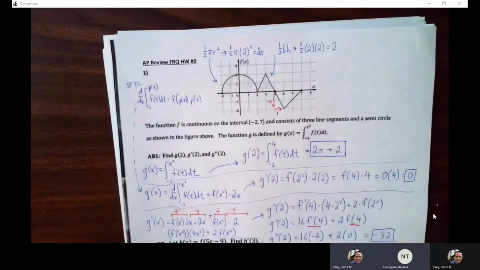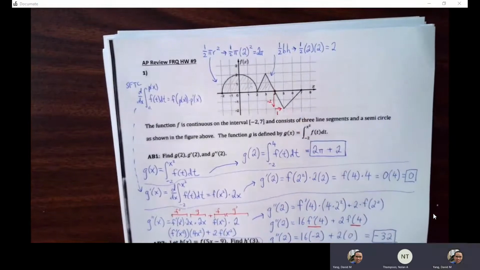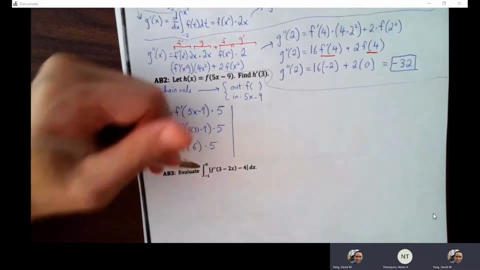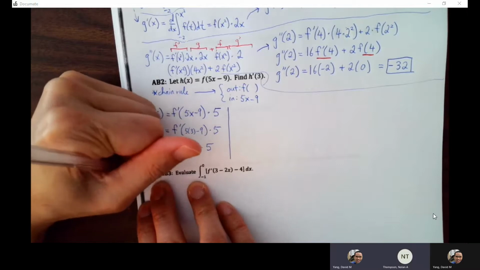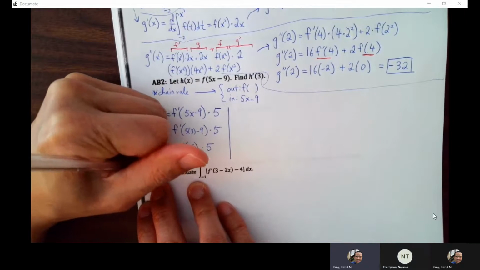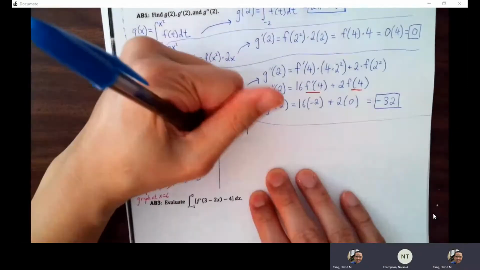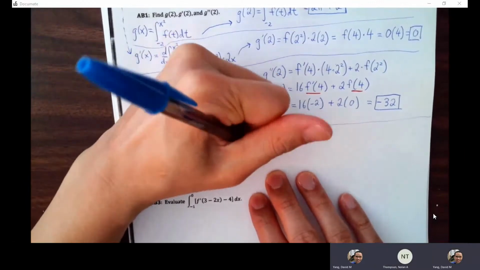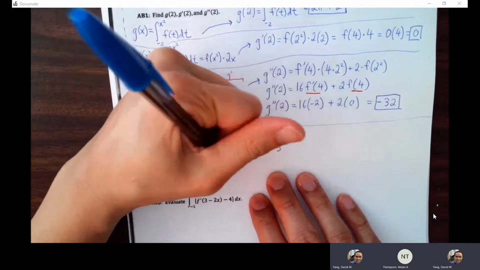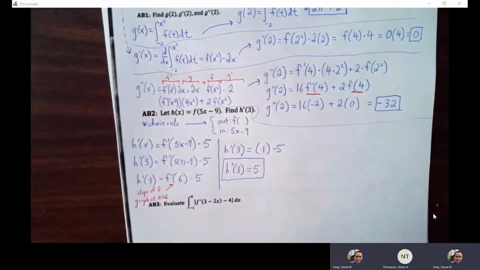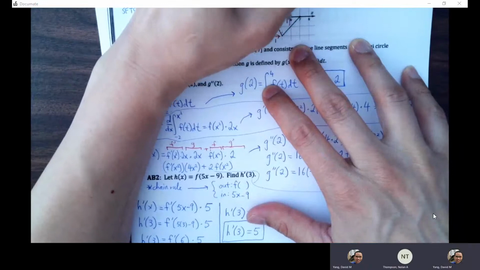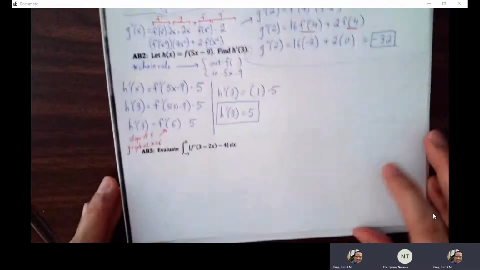And then f prime of 6, at 6 the slope is 1. So it's 5. All right, 5 is the answer.